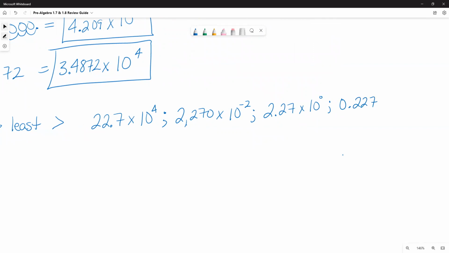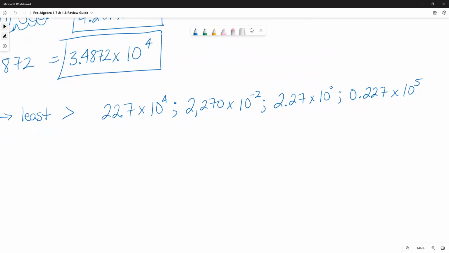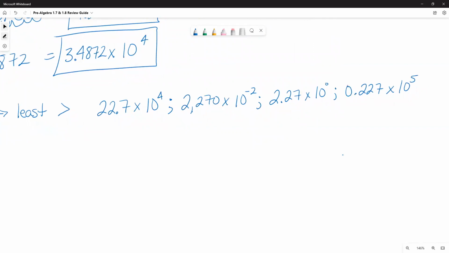0.227 times 10 to the power of 5. All right, so Julian, what is 22.7 times 10 to the 4th? What is that in scientific notation? That first number there. You tell me, left or right? To the right. So 2, 2, 7 is 1, 0 is 2, 0 is 3, 0 is 4.